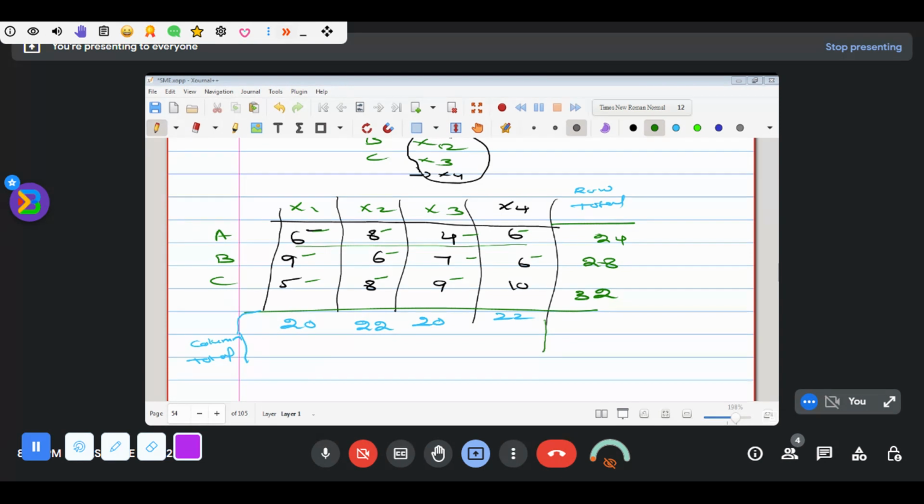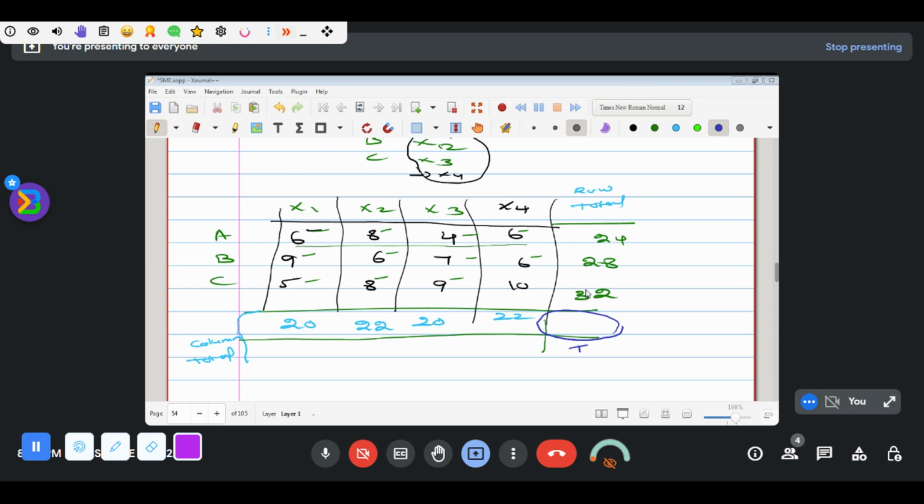All calculation is done. So now you want to find the summation. That summation is called a grand total. Both column and row summations are equal. So what is the result? 20 plus 22 plus 20 plus 22. Same idea for 24 plus 28 plus 32.